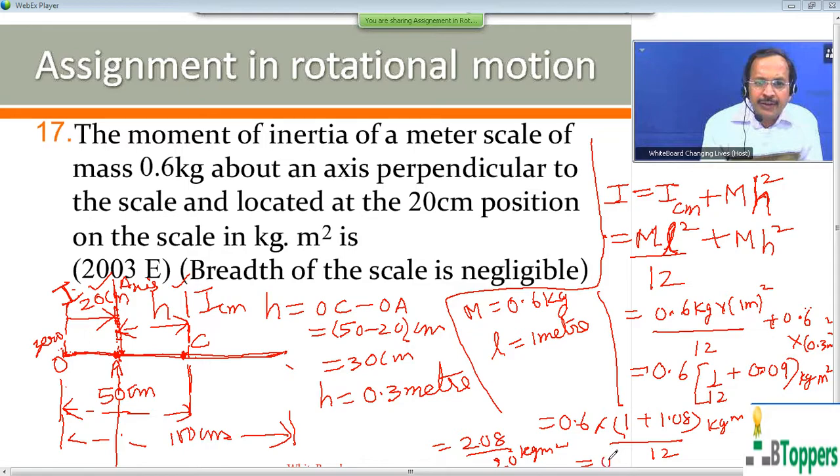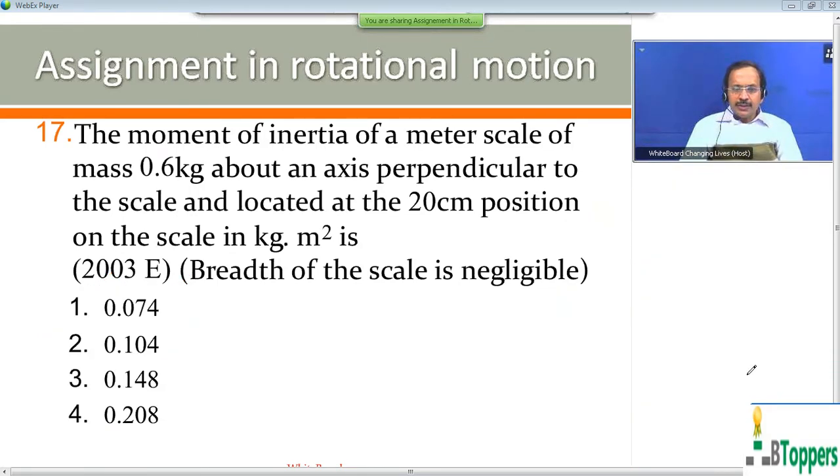So you get the answer as 0.104 kg meter square. So for question number 17, which I have just discussed, the second option will be the answer.